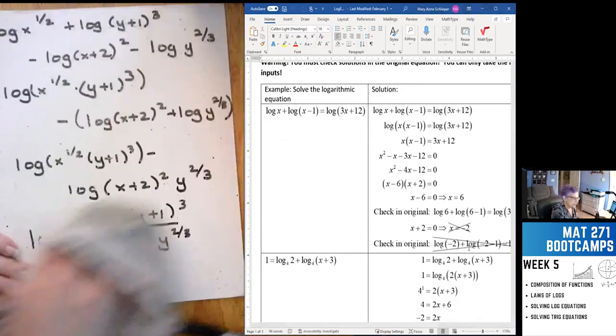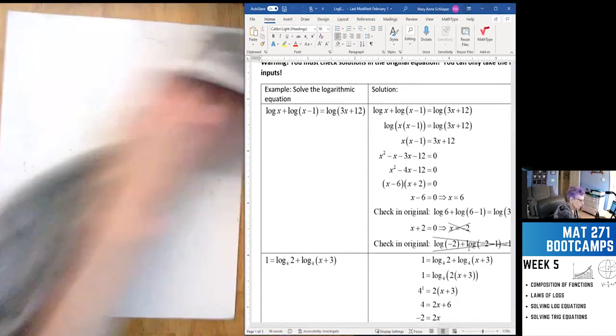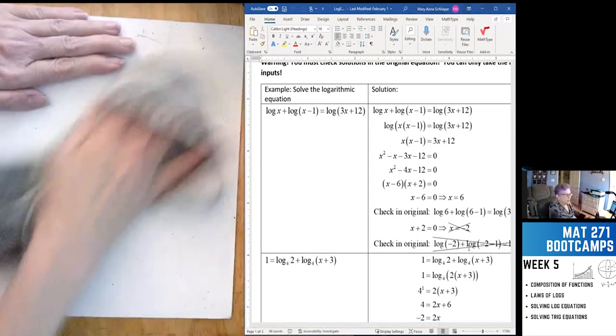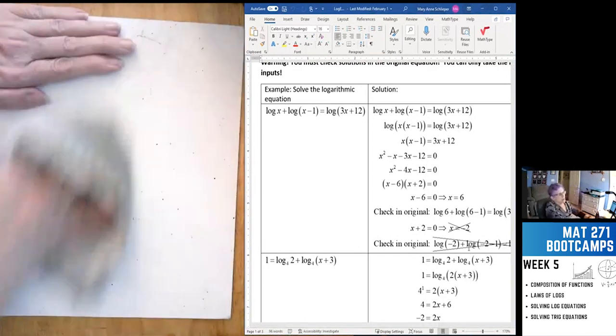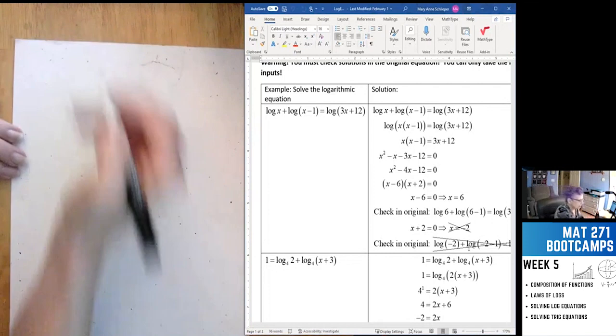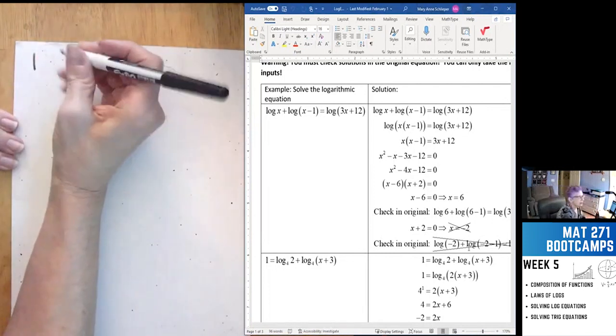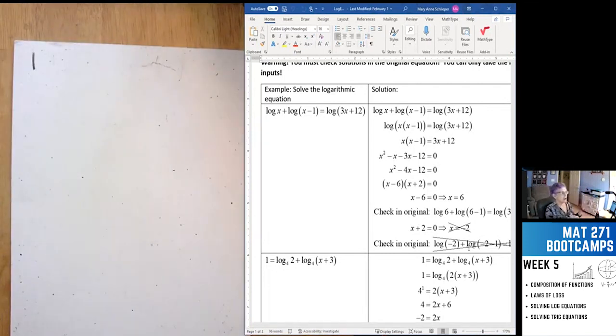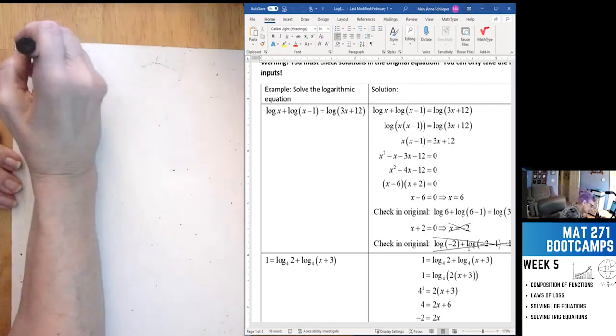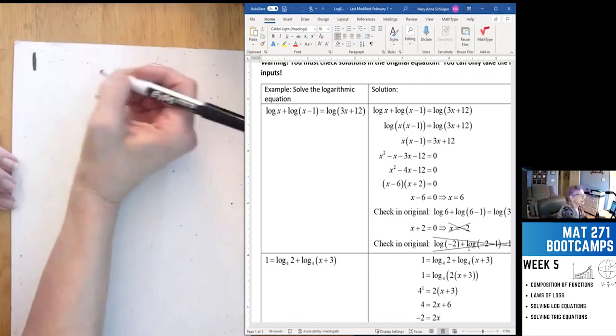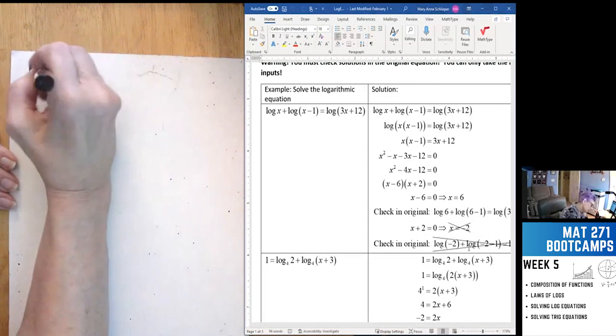Let's look at the next one. This one, I have a 1 sitting on one side. So I'm not going to be able to write this as log base 4 of one thing is just equal to log base 4 of something else. I'm going to have to use the other method where I rewrite it as an exponential.